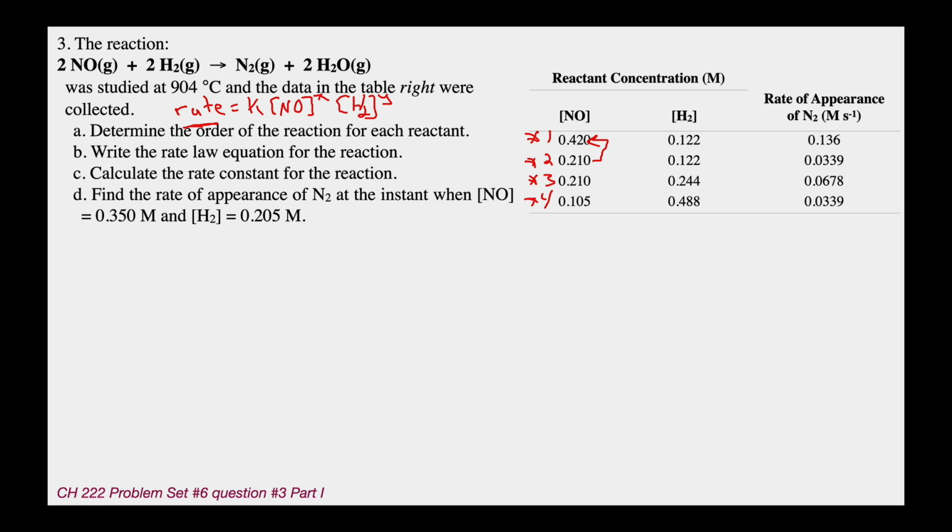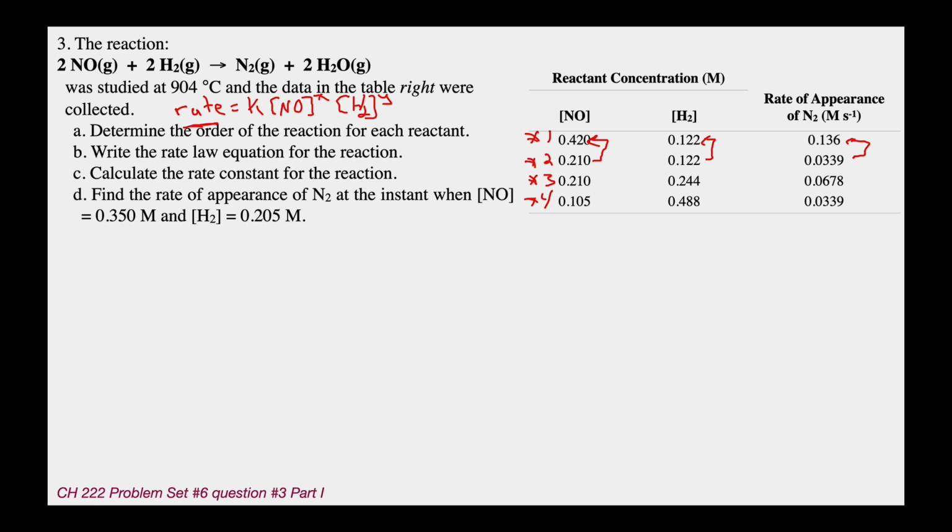But the H2 stays the same. So any effect on the rate, which is these two numbers here, is going to be the result of NO. It's going to be observed in the order of the reaction because H2 is staying the same, so the rate change has nothing to do with the H2.